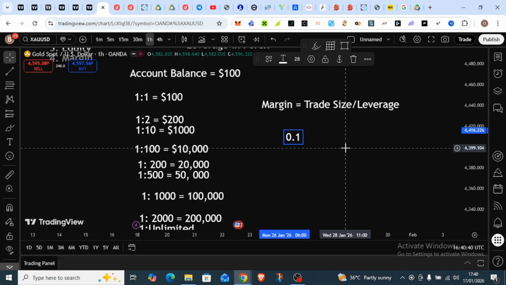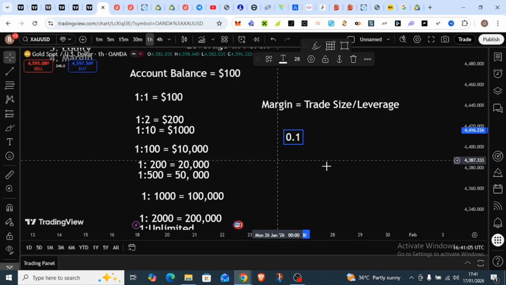No, it is not done like that. You have to calculate your lot size with respect to the amount you are willing to risk on a trade. I've done a video about lot size, so if you don't know how to calculate it, you can watch the video on my page.